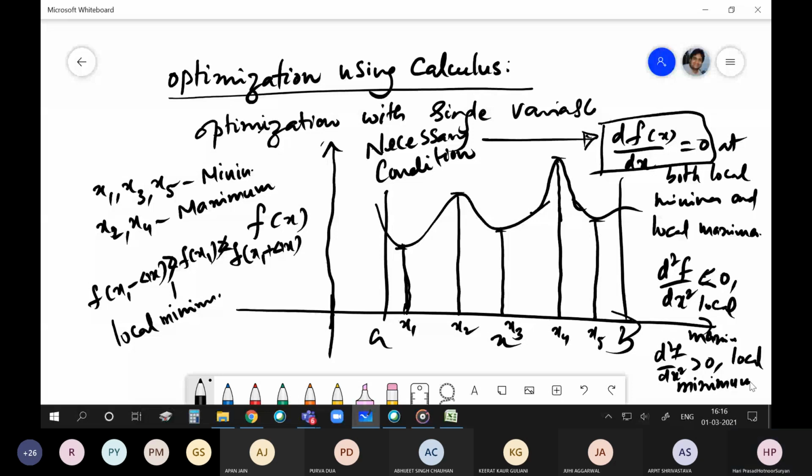Okay, but how are you sure whether this local minimum is the global minimum or the global maximum? How can we prove it? See, here we know that x1, x3 and x5 are local minimas, but which is the global minimum?